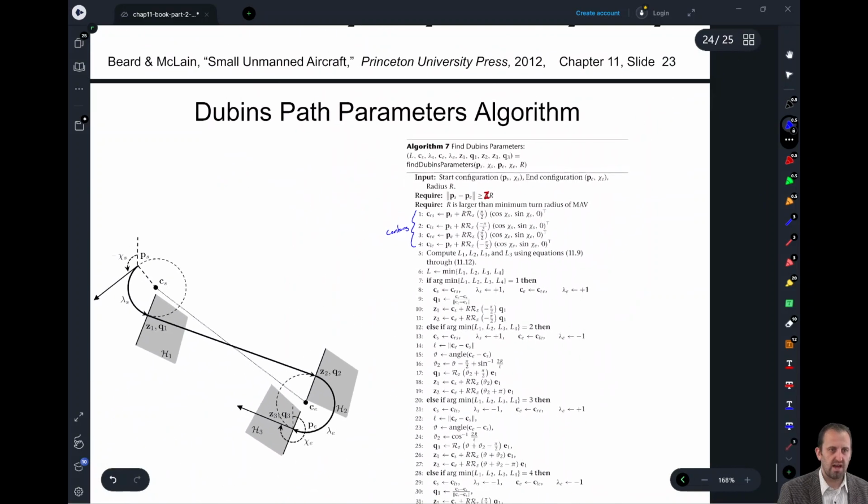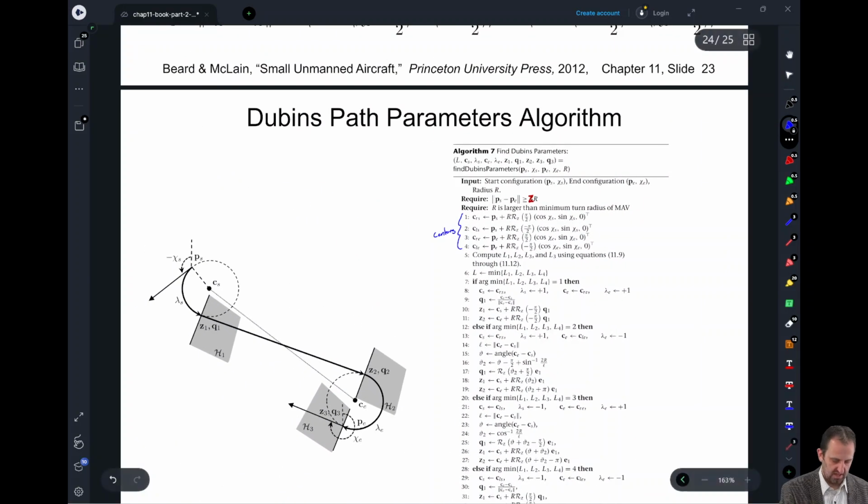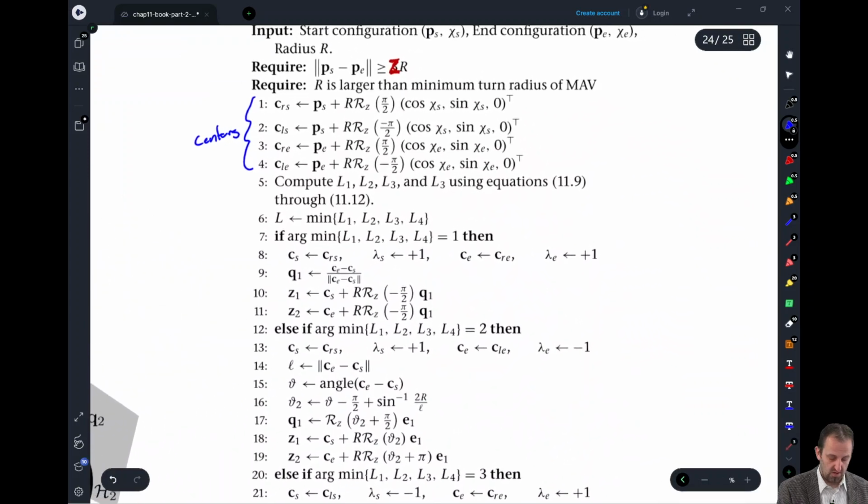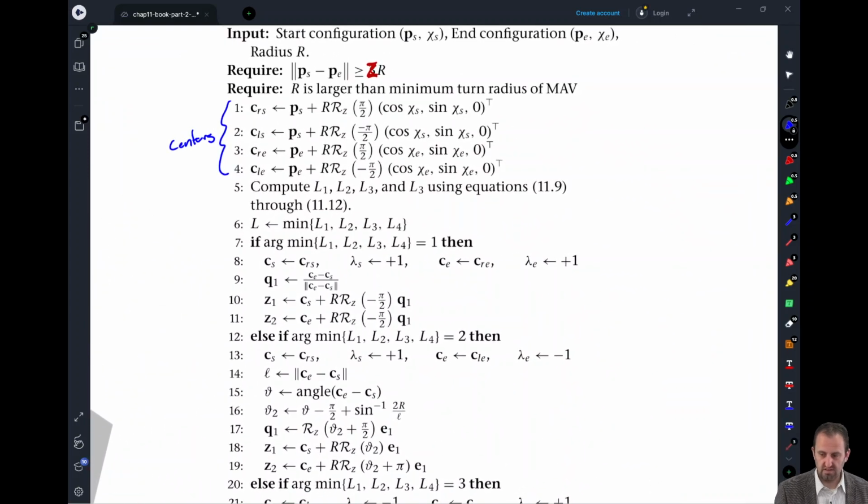If we zoom out, we'd calculate both of the starting centers, and both of the ending centers. So we're calculating all four of our circle centers.